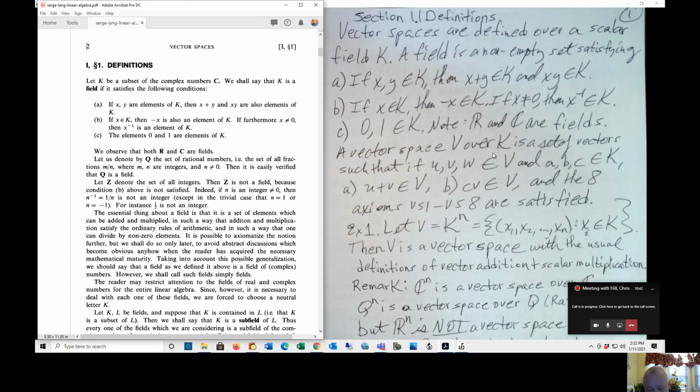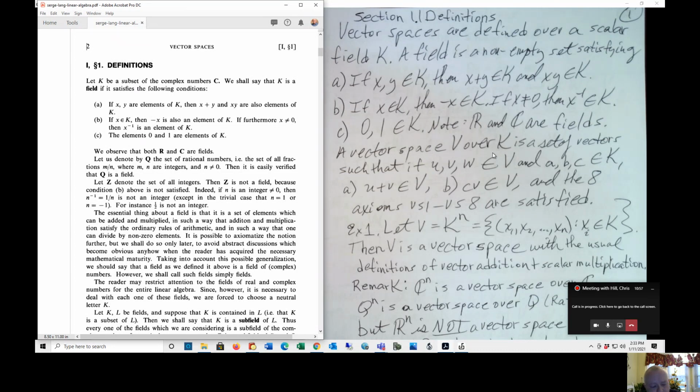Definitions. Now, before we talk about a vector space, we just briefly touch on the definition of the scalar field over which the vector space will be taken.